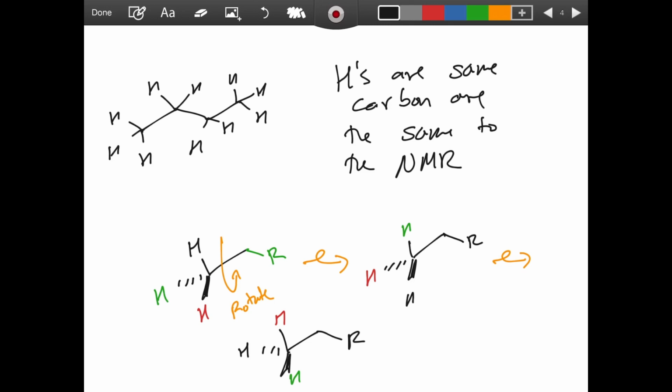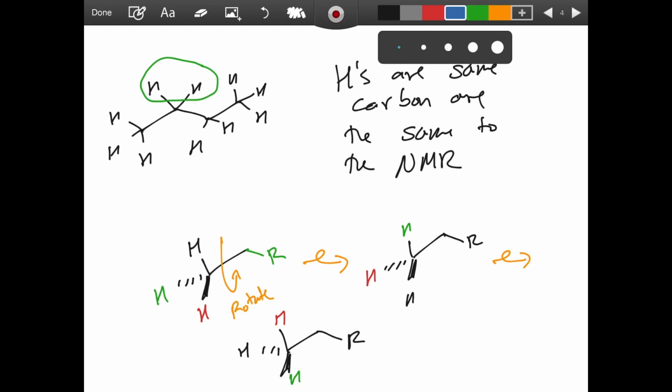When you have a CH2, the NMR is going to see those hydrogens as being the same, barring shenanigans that happen with chiral centers. And we're not going to worry about shenanigans. No shenanigans, right? So we are just going to say, hey, when you have a CH2, something like this, the NMR is going to see those two hydrogens as being the same.